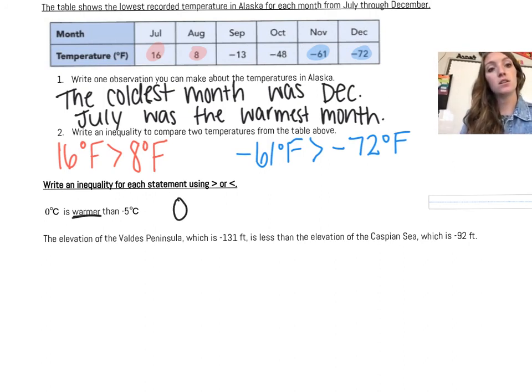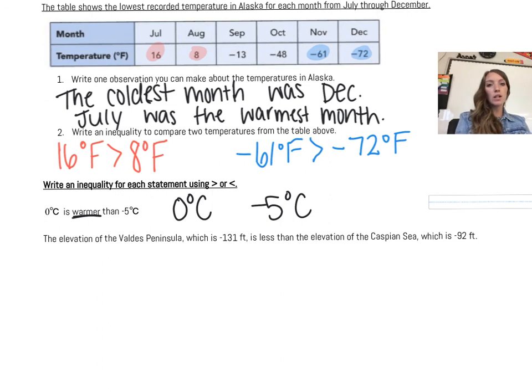I'm going to write 0 degrees Celsius and my negative 5 degrees Celsius, and I want to figure out what inequality symbol is going to go in between those two. I know that 0 degrees Celsius is warmer than negative 5, or 0 is greater than negative 5. If I were to picture a number line in my head, 0 is bigger than negative 5. So that would be my inequality statement for the first example.